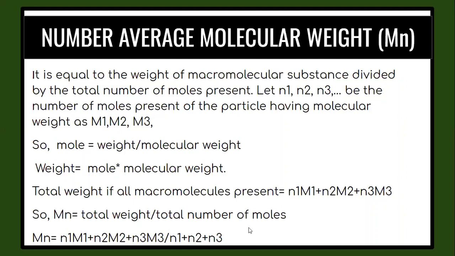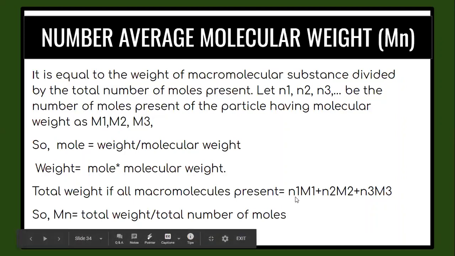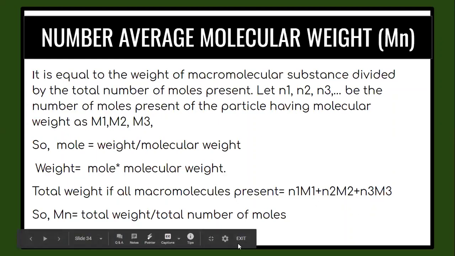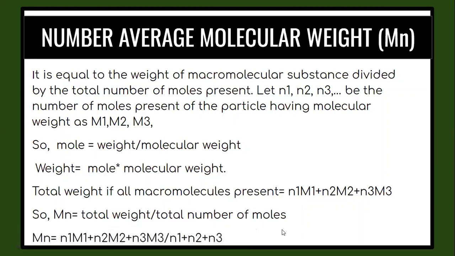So N1, the number of moles of 1, will be multiplied with the molecular weight of one molecule. Similarly N2 M2, N3 M3, and that has to be divided by the total number of moles for calculating the number average molecular weight.